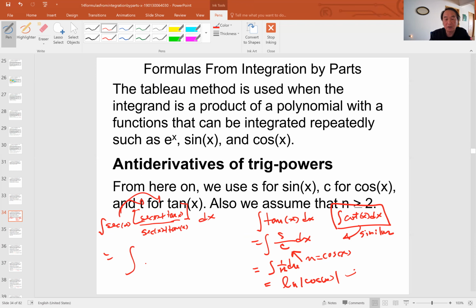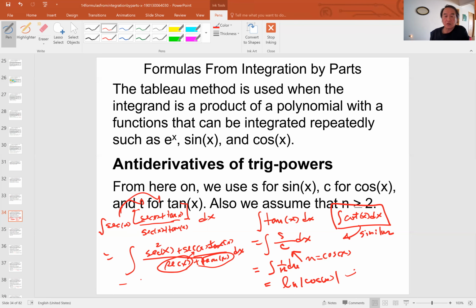If I multiply out the top, it just happened to be the derivative of the bottom, secant x plus tangent x. The implication of this: the derivative of secant is secant tangent, and the derivative of tangent is secant squared.